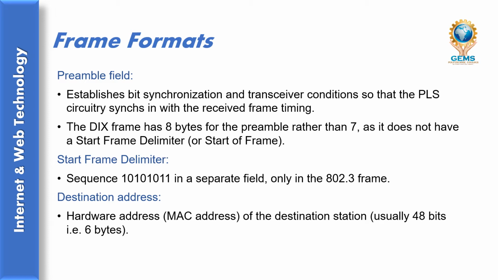The start frame delimiter is the sequence 10101011 in a separate field only in the 802.3 frame. Then the destination address, which is the hardware address, meaning the MAC address of the destination station, usually 48 bits, that is 6 bytes.